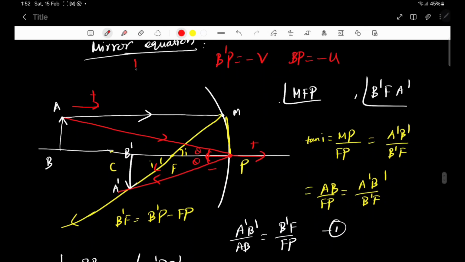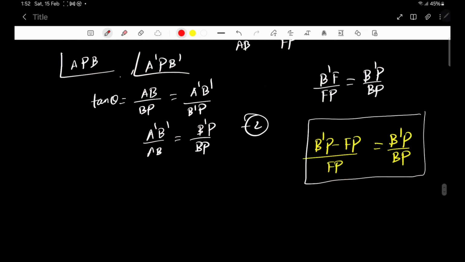Similarly, FP is nothing but focal length, it is minus F. Let me replace these quantities over there.